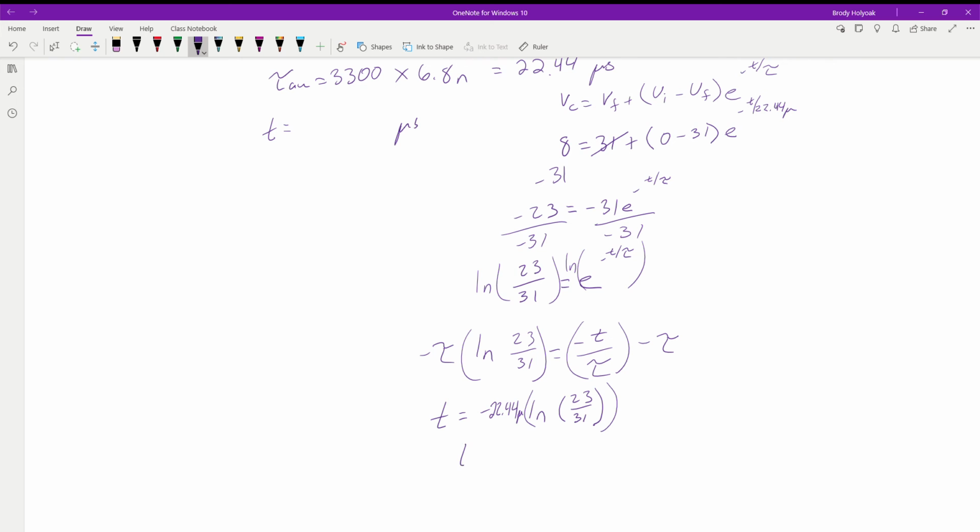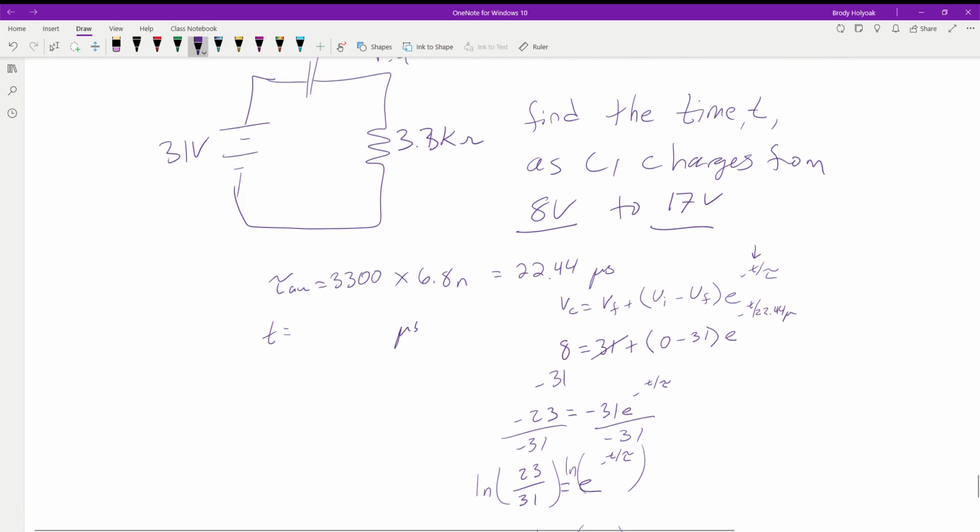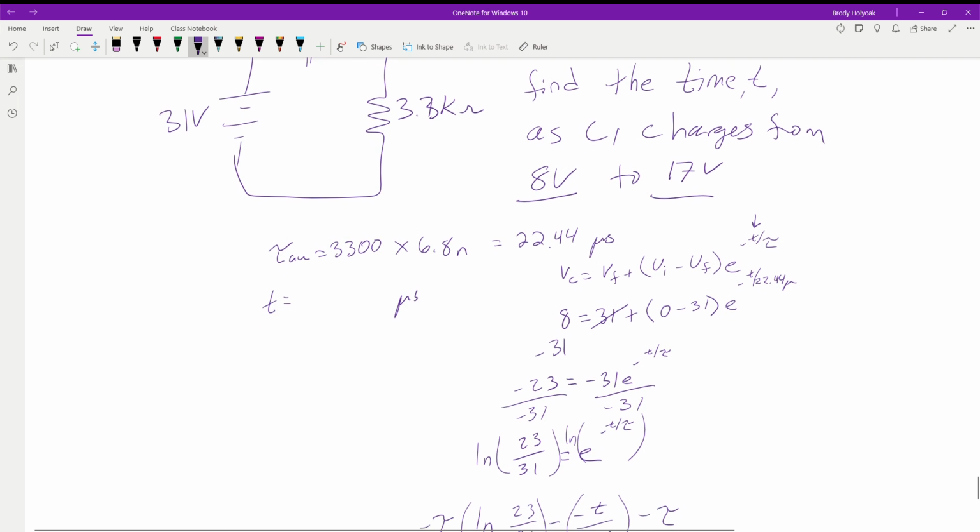And so what we get is t is equal to, that's not right because we can't have, yeah.